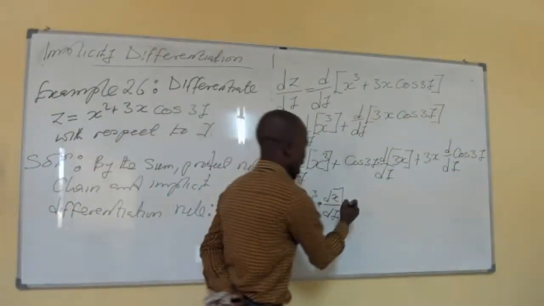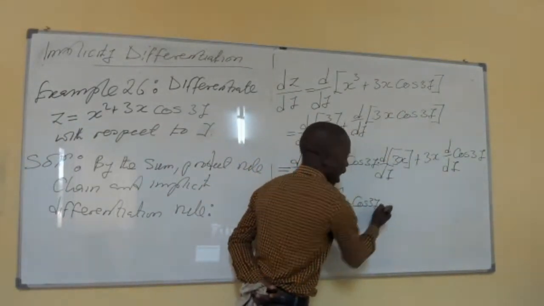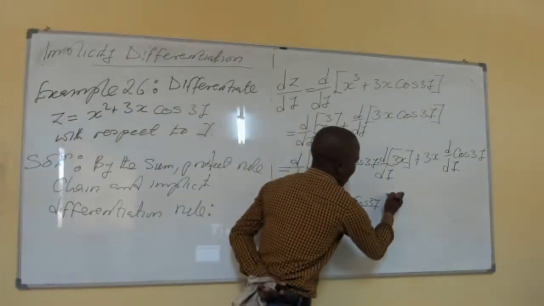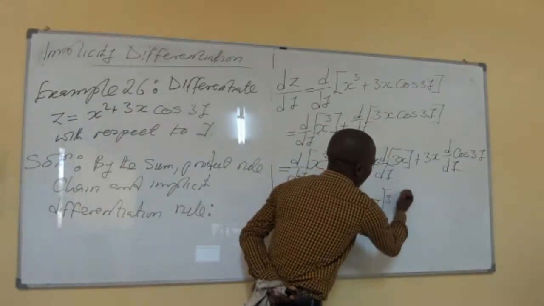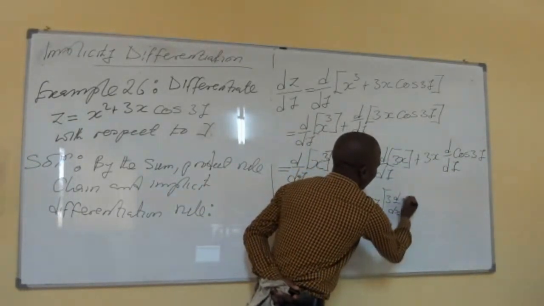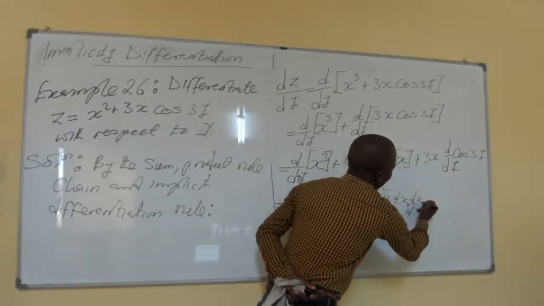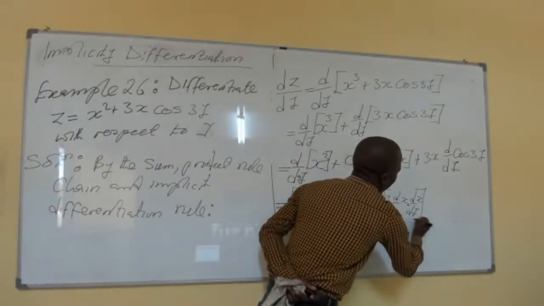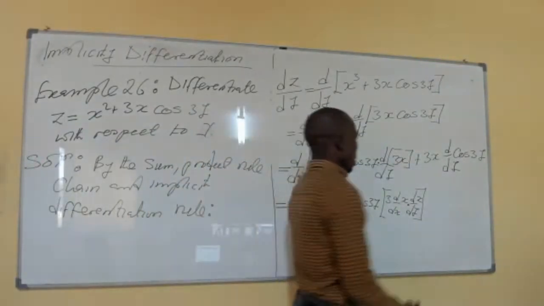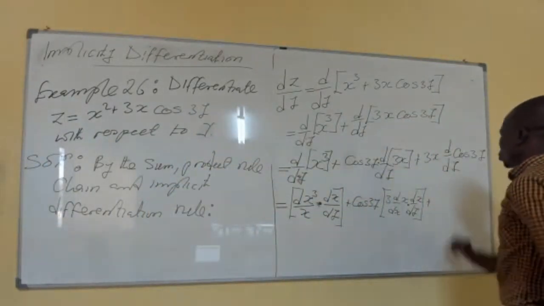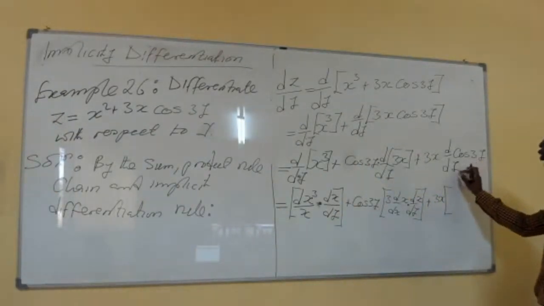Then plus the cosine of 3y multiplied by, again applying the chain rule here, 3 times the derivative with respect to x of x, multiplied by the derivative of x with respect to y, because x is a function of y. Then plus, now we have 3x.